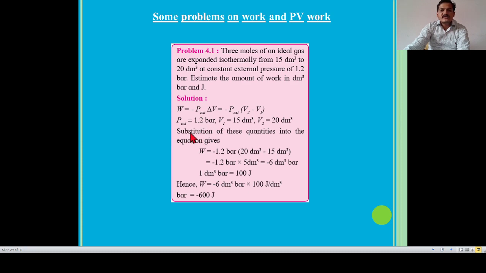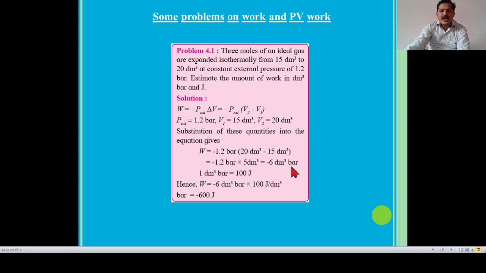Now substituting these quantities into the equation gives W is equal to minus Pex, 1.2 bar, V2 20 dm³ minus V1 15 dm³. So minus 1.2 bar into 20 minus 15, which is 5. 1.2 bar into 5 dm³ is equal to minus 6 dm³ bar.